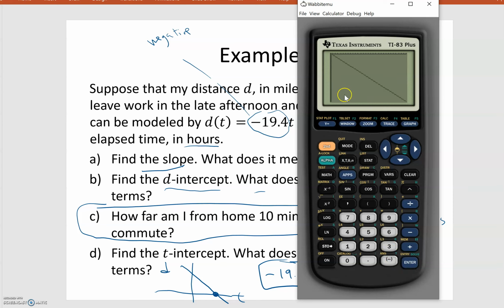Oh, that's not very good actually. That's too big. You see here is the origin. Let's change it to 0 to 10, and then we'll try zoom fit again.